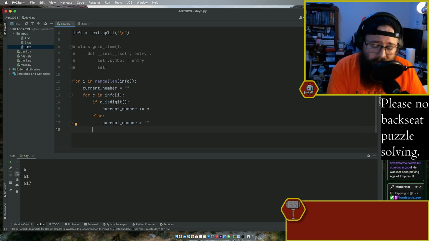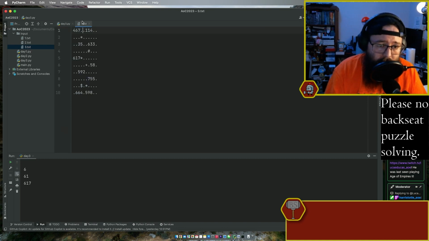Also, let's do it one row at a time. So say I'm looking at this 5, I need to look at these 3 numbers above the 5, 2 numbers around the 5, 3 numbers below.